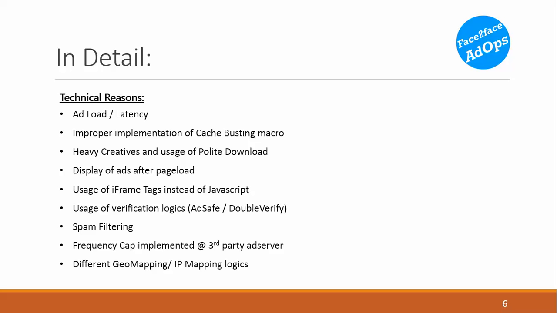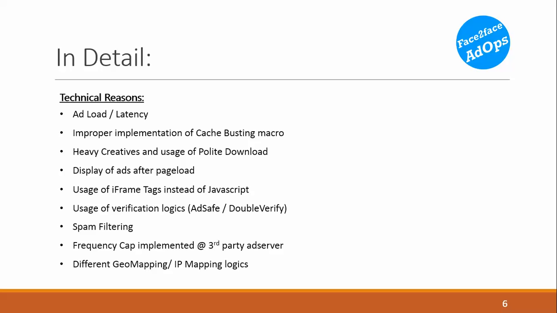Nothing should be implemented on the third-party ad server, the agency side ad server, because the main motive of the agency ad server is to push ads, to receive requests and deliver the content. It shouldn't have any restriction.